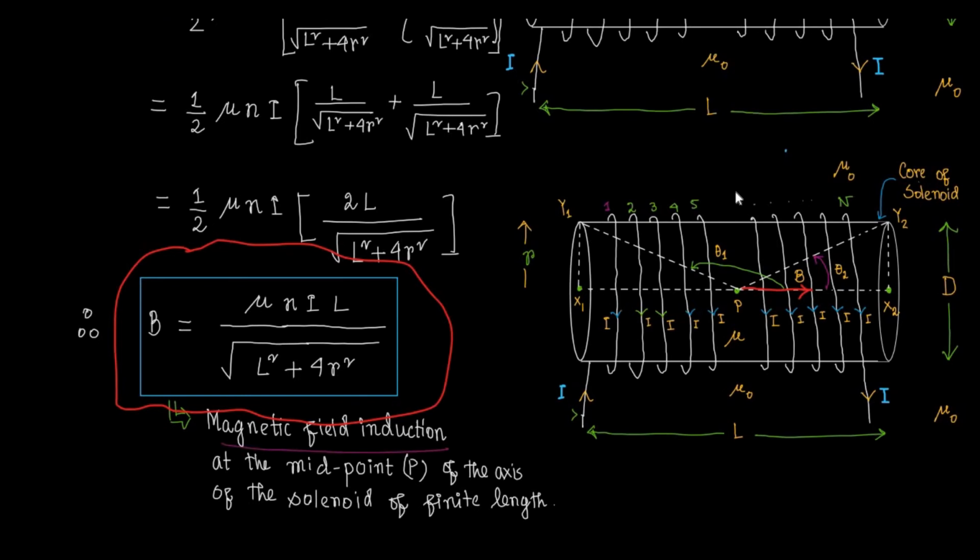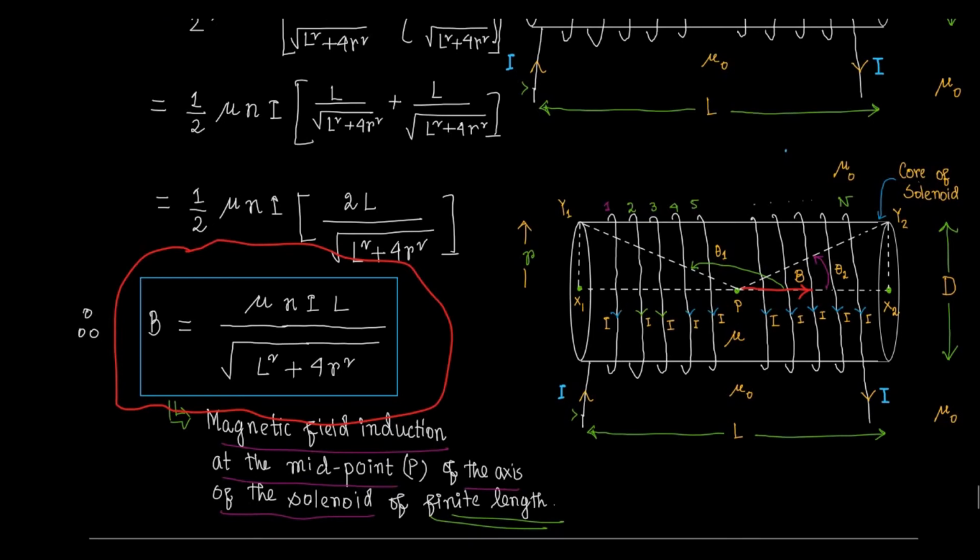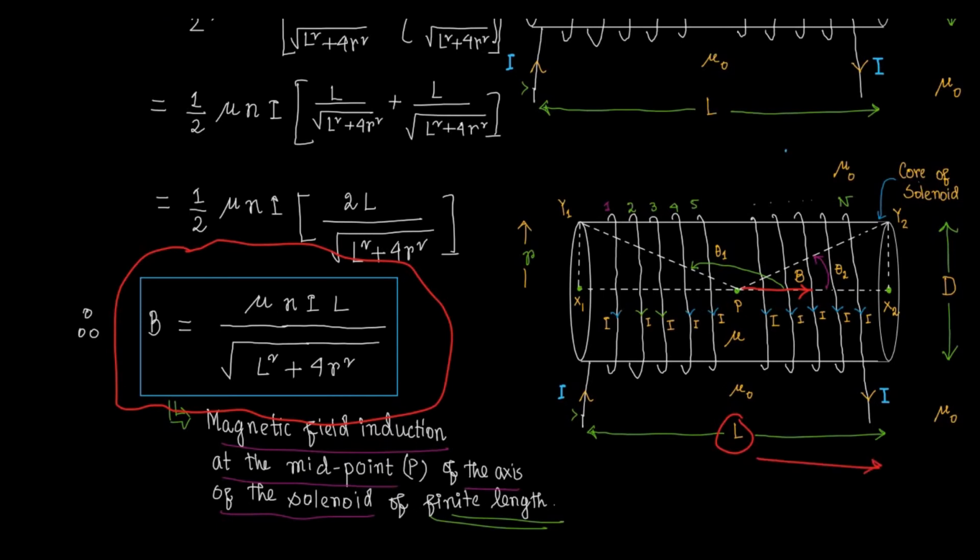So this is the magnetic field induction at the midpoint P of the axis of the solenoid of finite length. The magnetic field induction at the midpoint P is B, which is equal to mu NiL divided by root over L square plus 4R square. L is the length of the solenoid.